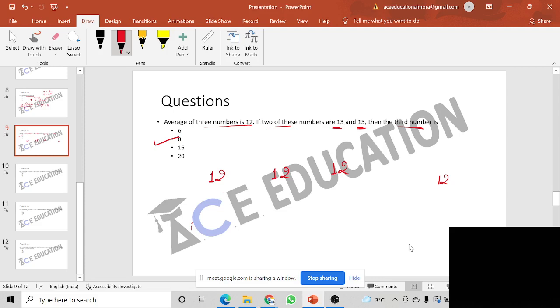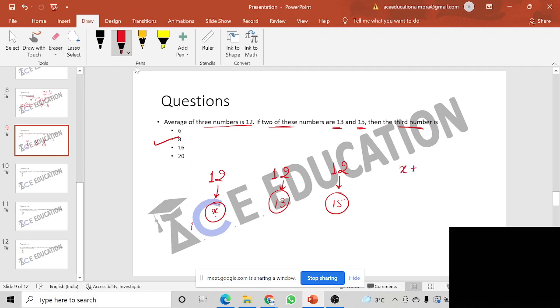Perfect. Now, if one of these numbers is 13, and another number is 15, we have to figure out what the third number would be, which is x. Initially, in school, what we used to do was assume this number to be x.